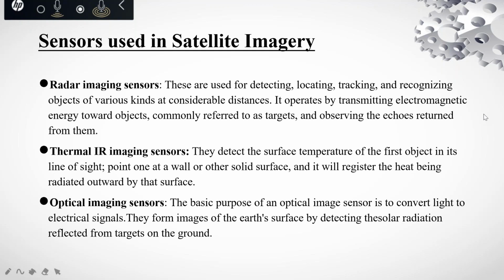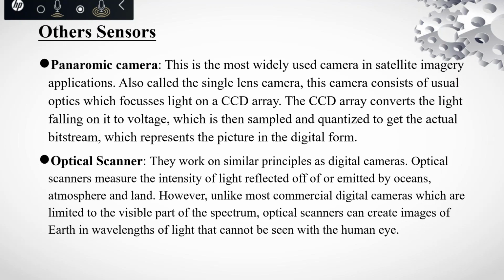Panoramic sensors are widely used. These have a single lens camera. This camera consists of visual optics which focus on a CCD array. The CCD array converts the light falling onto it to voltage, which is then sampled and quantized to get the actual bit stream, which represents the picture in digital form.